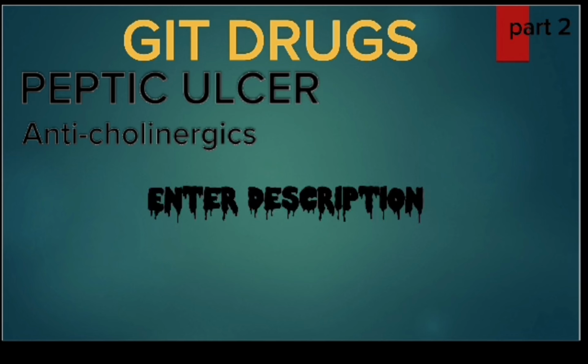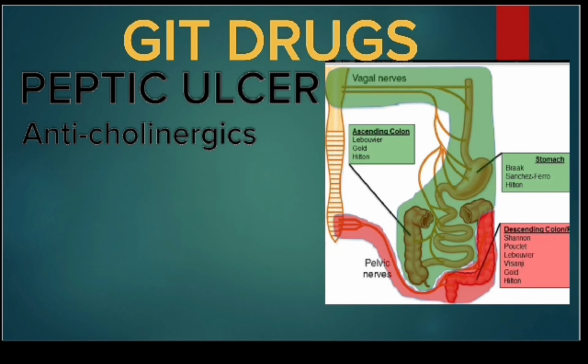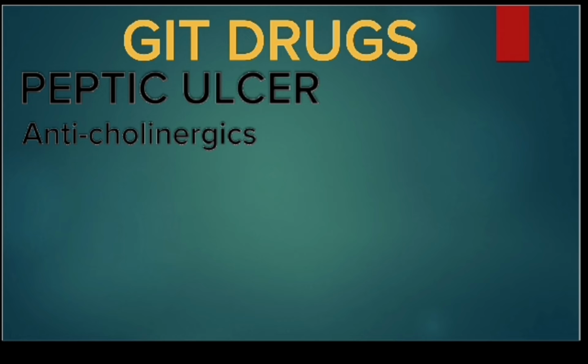As you know, during the rest and digestive state, our parasympathetic nervous system, through the vagus nerve, activates the enteric nervous system of the GIT. It stimulates GIT motility and increases gastric secretion by releasing acetylcholine. The anticholinergic drug is basically a cholinergic antagonist that inhibits the cholinergic receptor, specifically the M1 type muscarinic receptor on the GIT.